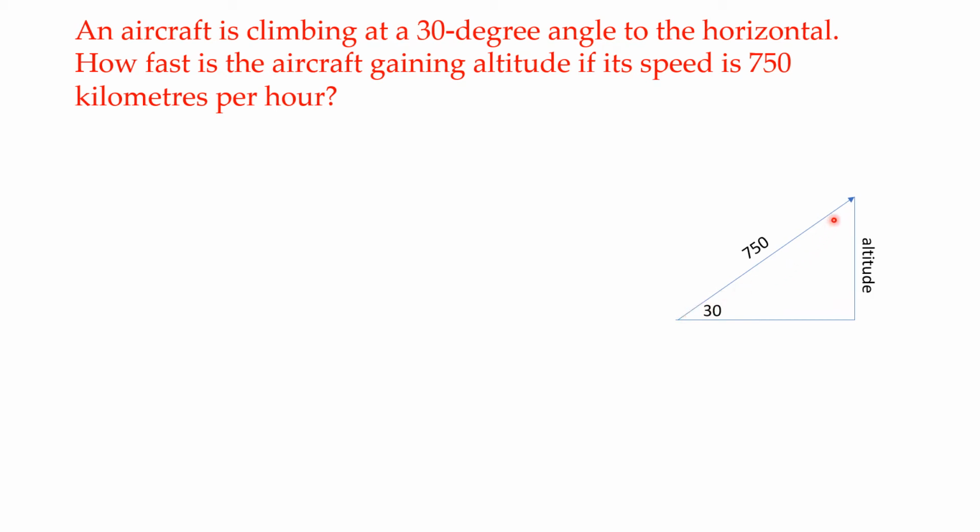We're going to look at a right triangle, with the hypotenuse being 750, and of course the angle is 30 degrees, so the aircraft will start gaining altitude from the horizontal line, going at 30 degrees and climbing up. So we want to know its altitude.